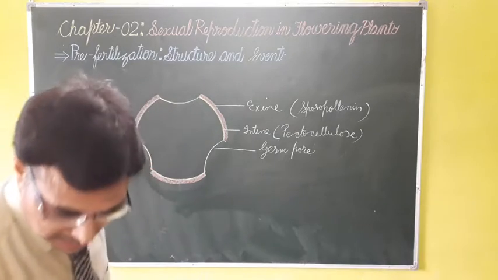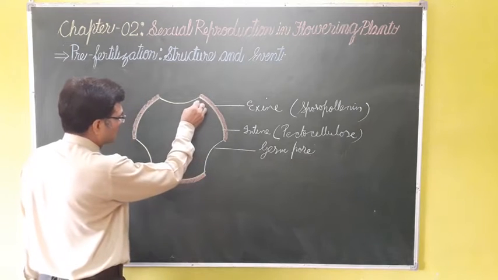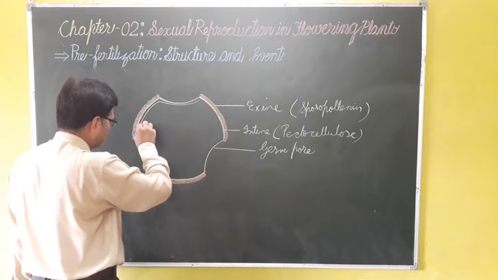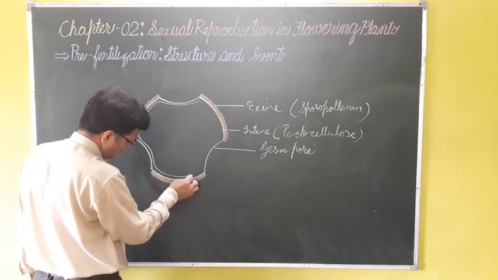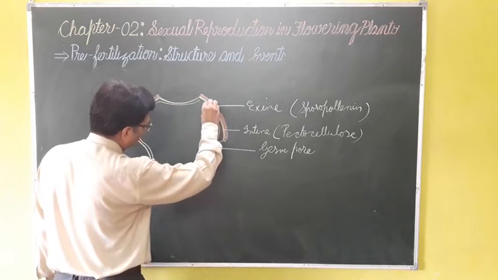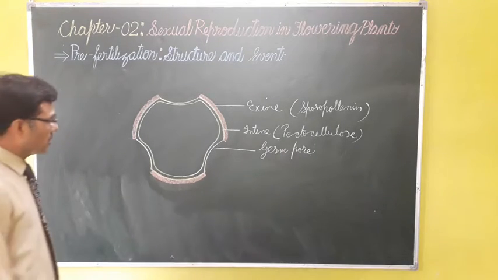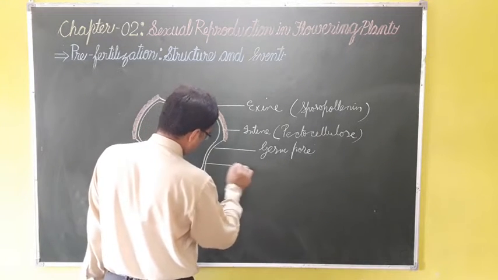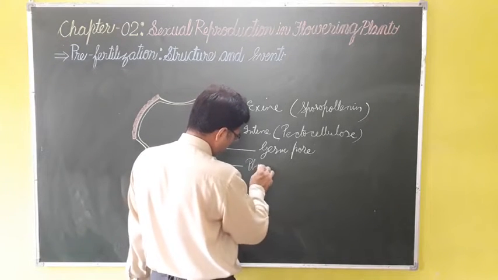Now there is a third layer. What do we call this layer? Yes, anybody tell me. This third layer, what do we call this third layer? It is called, yes, plasma membrane or cell membrane.